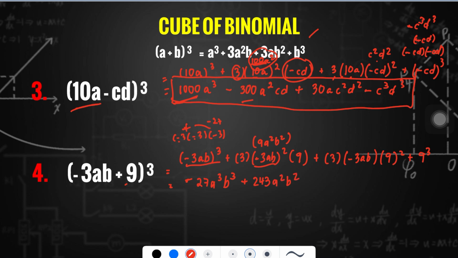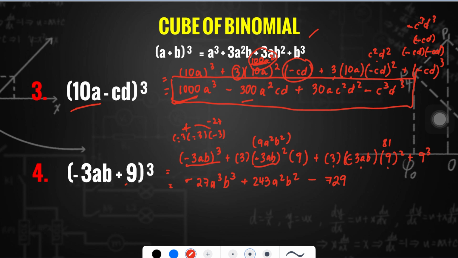And then 3 times negative 3ab times 81. So 81 times 3 times negative 3. I'll just double check. Or 81 times 9, that's the same because 3 times 3 is 9. So, 729.